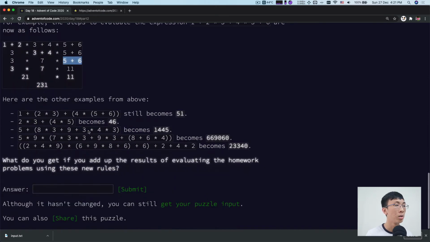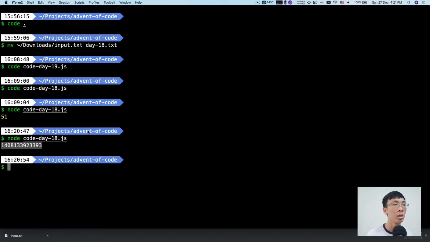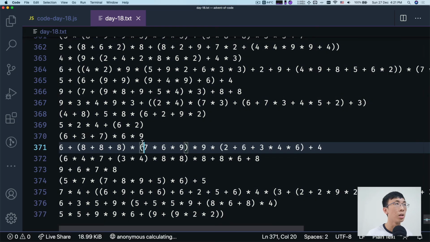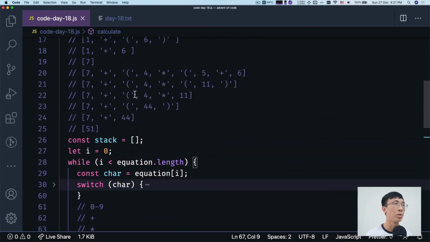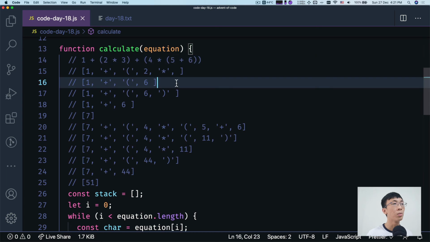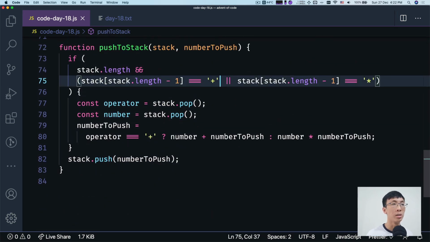Right, so now we need to change our calculate function, and we're gonna see, and then we should get a different result now. So now when we push items into the stack, we would only pop it when it is a plus.